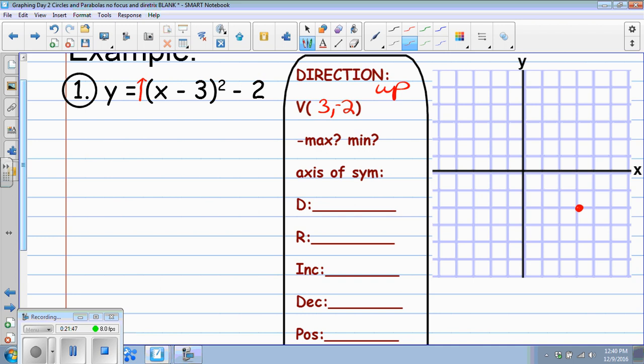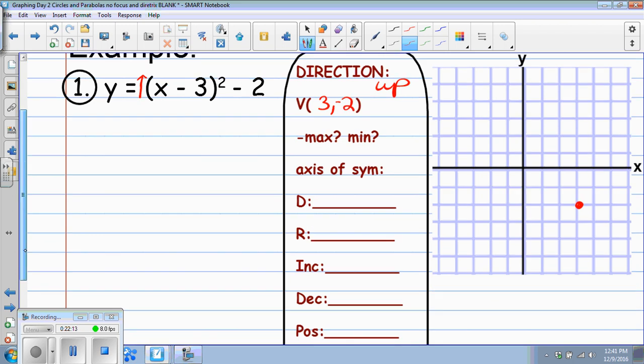Now, we know it opens up, but I don't want to draw it just yet, because if it opens up or down, you need to know where it crosses the x-axis. Why would I need to know where it crosses the x-axis? Which one of these questions makes that important? Not domain, range. Wait. Oh, no, axis of symmetry.